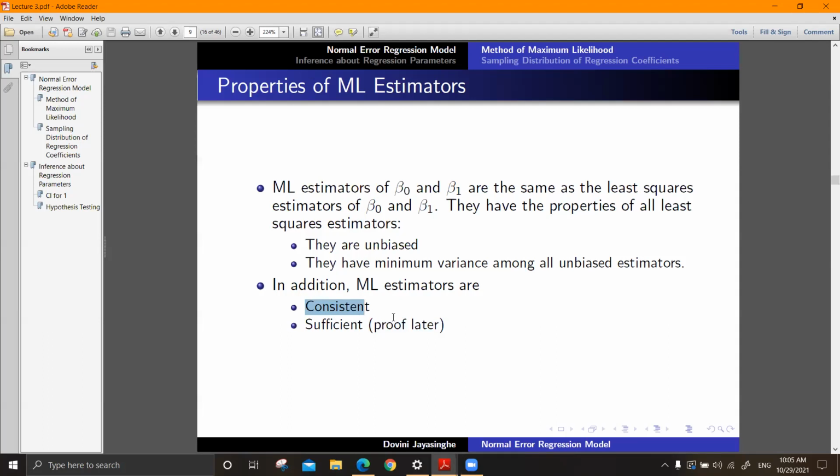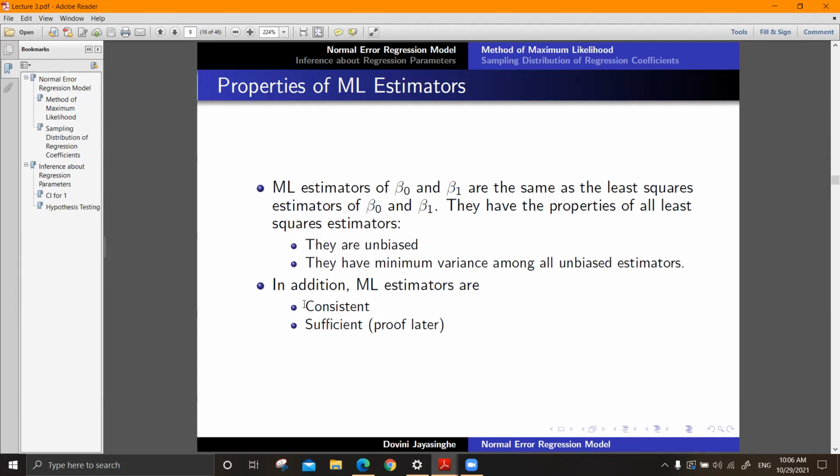Consistent means when you increase the number of observations, the limit distribution of MSE, mean squared error, converges to 0. That is the basic idea. So when you increase the number of observations all the time, the mean squared error gets very close to 0.